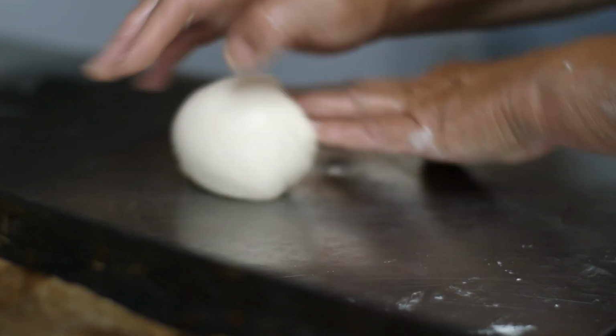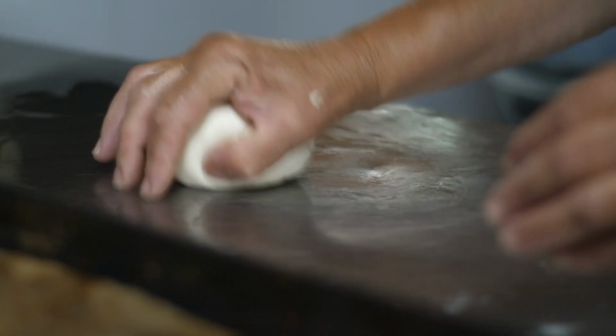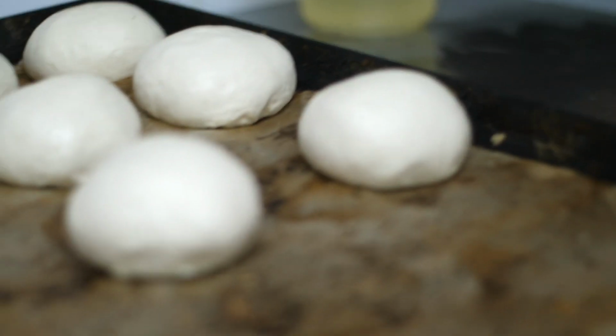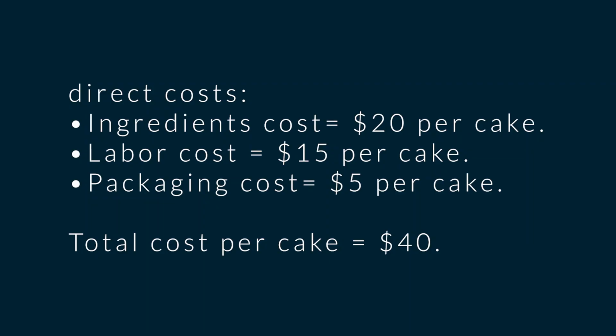An example here: let's assume we are dealing with a bakery, and the ingredients are the direct cost. The ingredients cost 20 per cake, the labor costs 15 per cake, and packaging costs 5 per cake, which makes our total cost 40. So now we have our total cost of making a cake, which is direct cost.